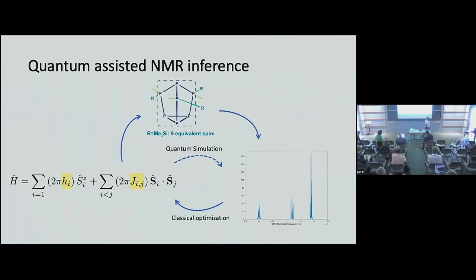Yeah, so we don't know these J_ij terms, the coupling between any pair of spins, but we know that we're looking at spin-spin interactions. And depending how many spins you have, there are many of these terms that you have to figure out. But do you know how many atoms your molecule has and what it consists of?